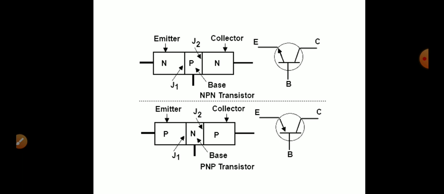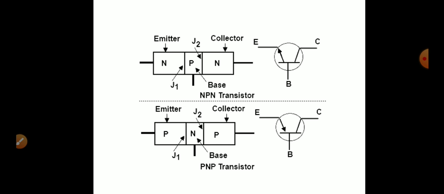So a transistor is a three-terminal semiconductor device. And it has two PN junctions: at the emitter and base, a PN junction; similarly, at the base and collector, a PN junction.